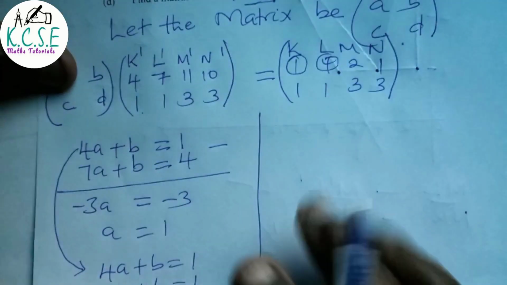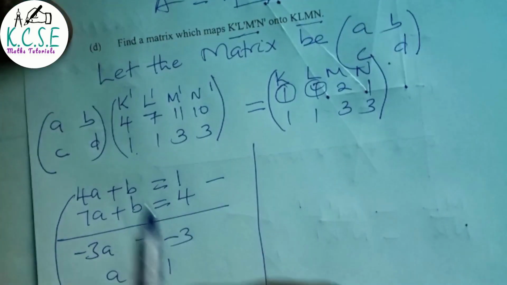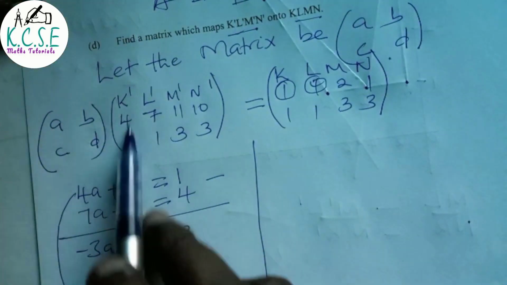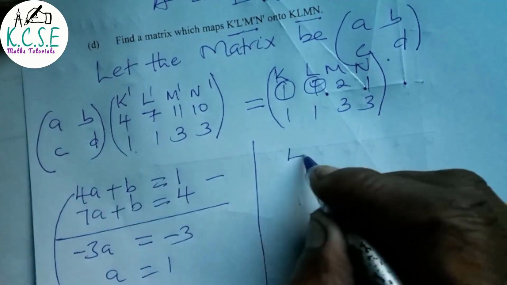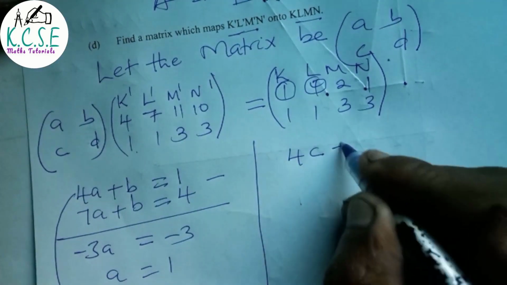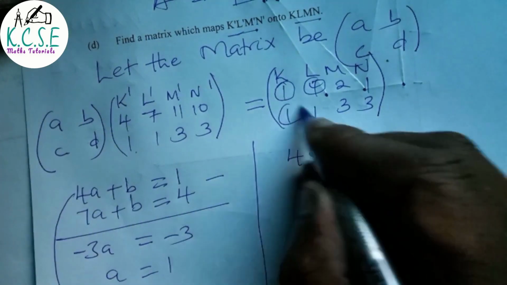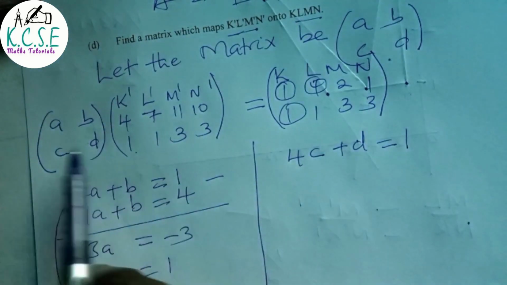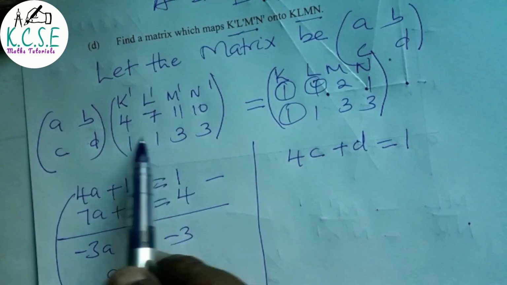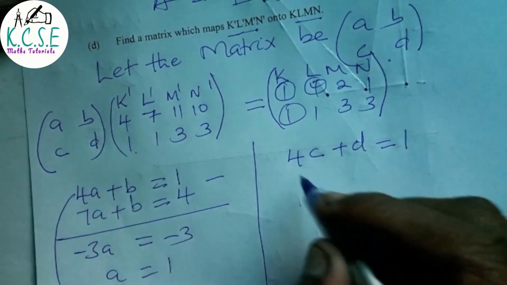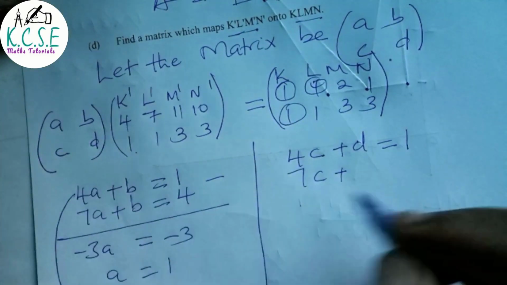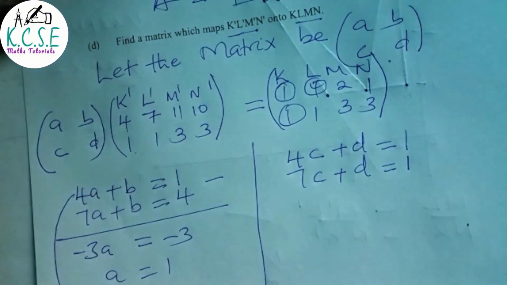Now, then you can go to C. And to get C, you go to row 2, column 1. So C times 4, you get 4C plus D times 1, you get D. This one should give you 1. Then row 2, column 2. So this is C times 7, 7C plus D is equal to 1.